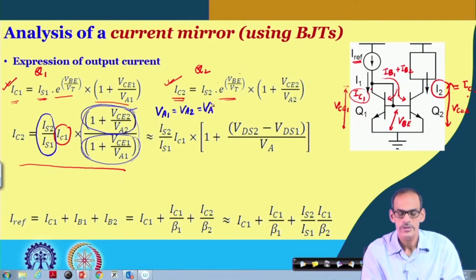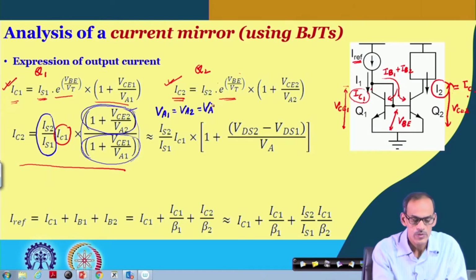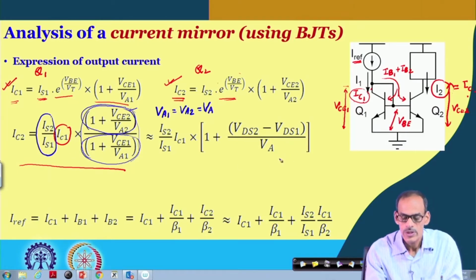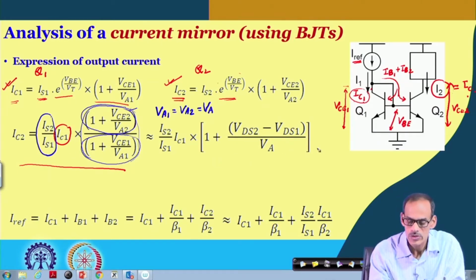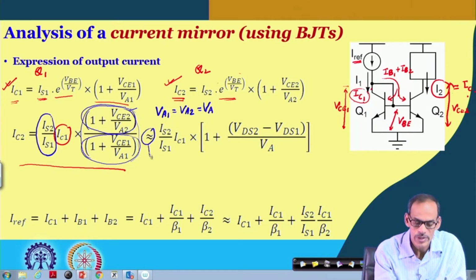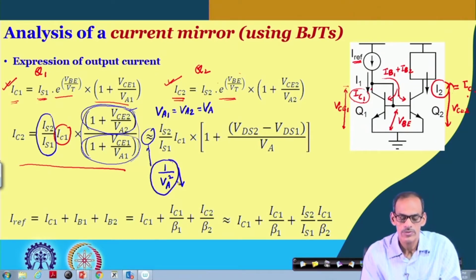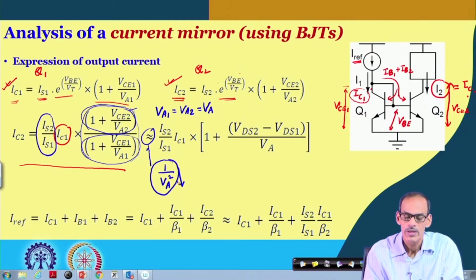If we denote that as VA, then we can write in this form. This approximation involves dropping the 1 plus VA square term. So, if we ignore the second order terms of 1 by VA, then we get this approximation.